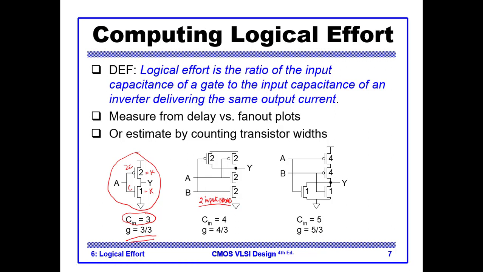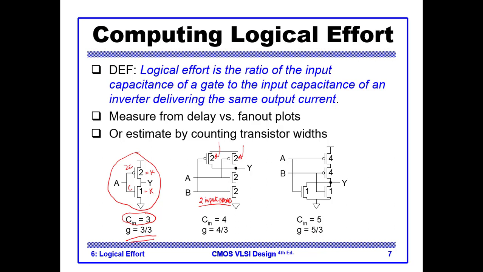Remember that when we have parallel combination, the size does not change. So the size for PMOS is 2, and the size for NMOS is twice the size of unit NMOS, which is 2. So they are in series, so it becomes 2.